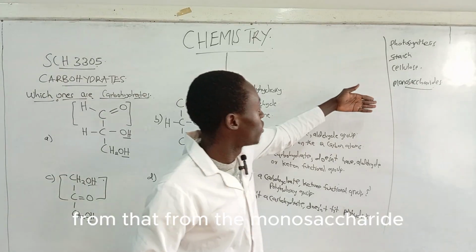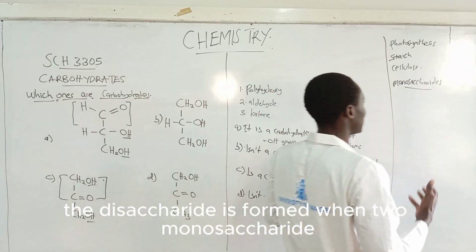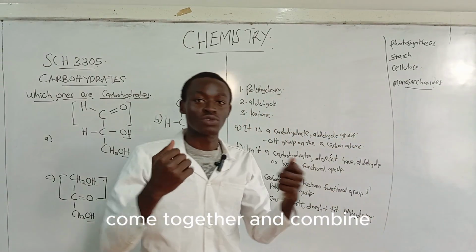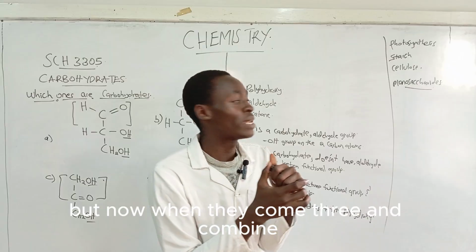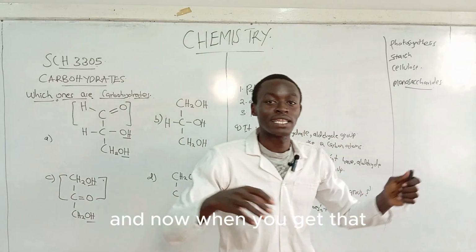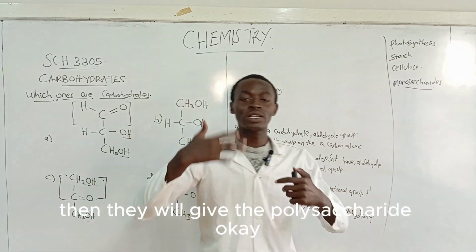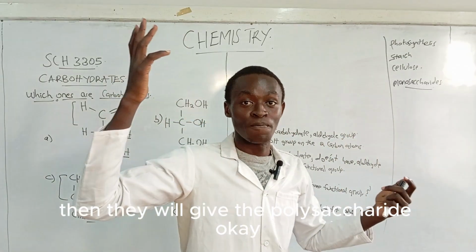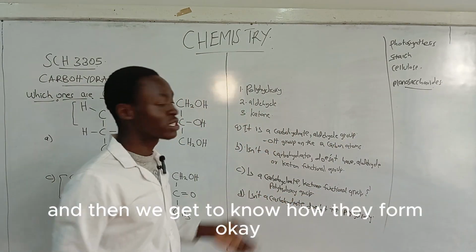From the monosaccharide, we can get a disaccharide, which is formed when two monosaccharides come together and combine. When three combine, they give you a trisaccharide. And when several monosaccharides combine, they give the polysaccharide. We'll get to know how they form.